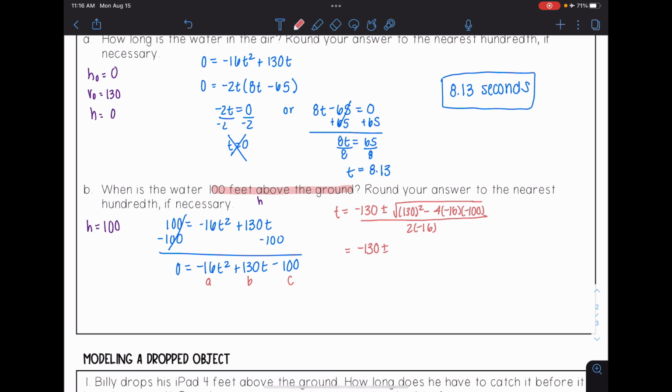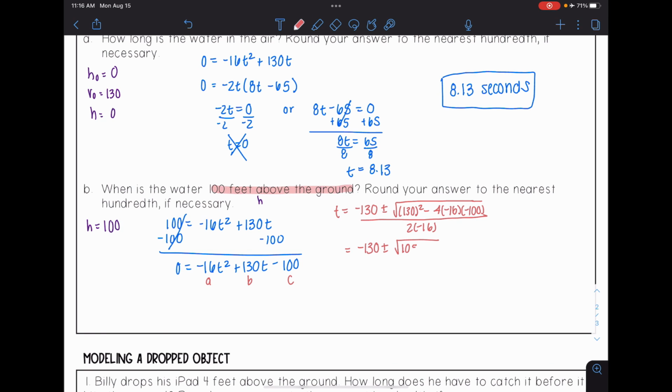Simplifying that out, I get that inside my radical, I have 10,500. And this is going to be over negative 32. And now I can go ahead and split this apart. And so my two answers are going to be negative 130 plus the square root of 10,500 over negative 32, and negative 130 minus the square root of 10,500 over negative 32.